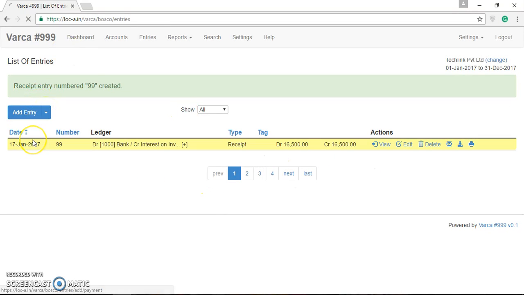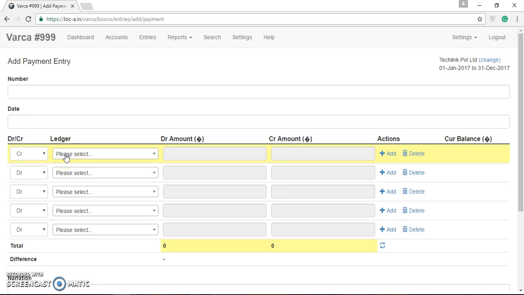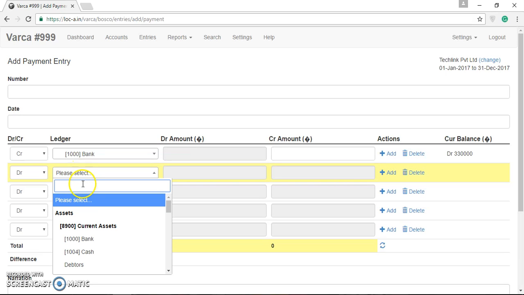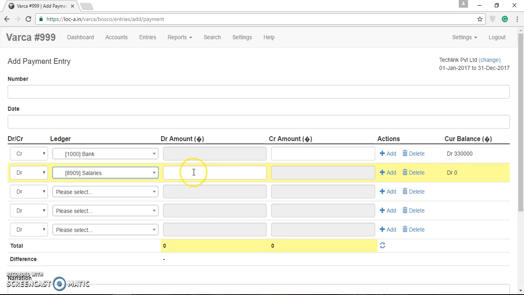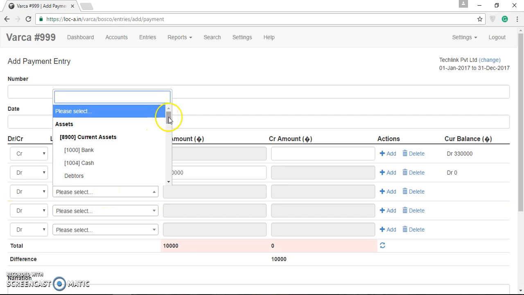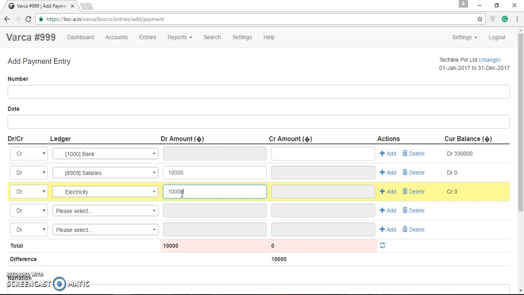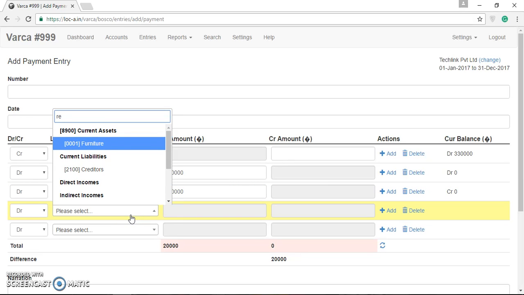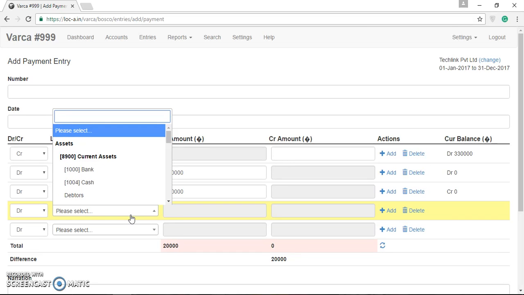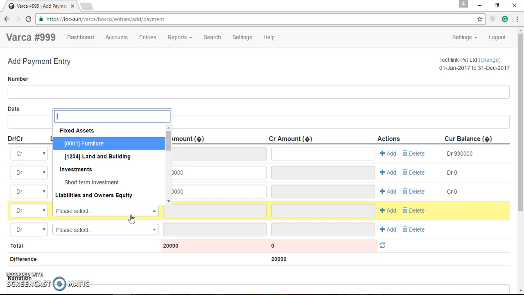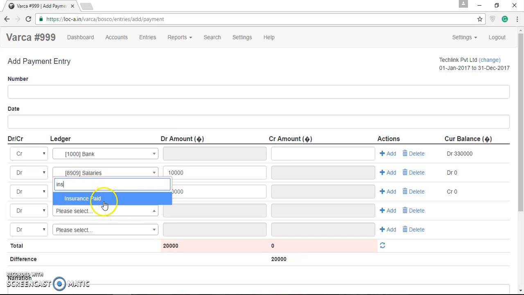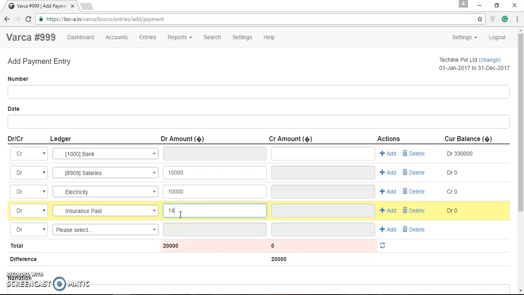Now I'll make a list of payment entries. So bank, credit to, let us say, salaries of 10,000, and electricity say 10,000, and we have insurance paid, we have 14,500.